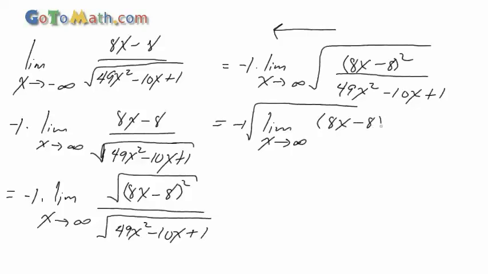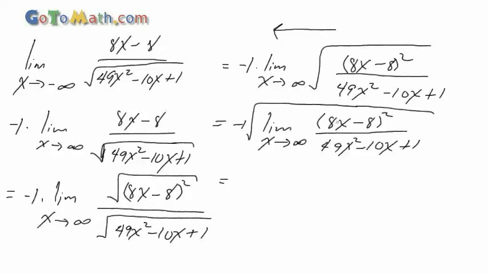So 8x minus 8 quantity squared over 49x squared minus 10x plus 1. And what we got going on here now, we want to evaluate this limit. And we need to multiply all this stuff out.